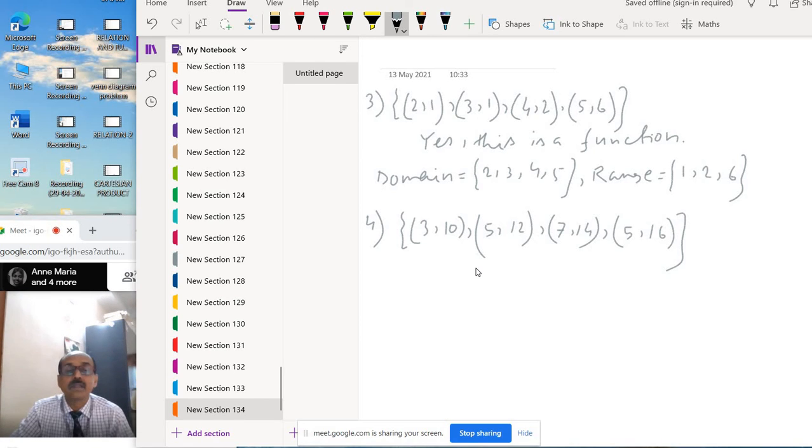Any idea? Is it a function or not? No, sir. Why is it not a function?